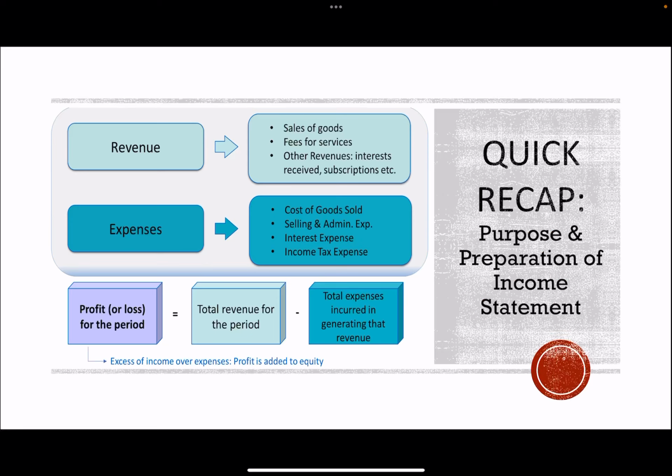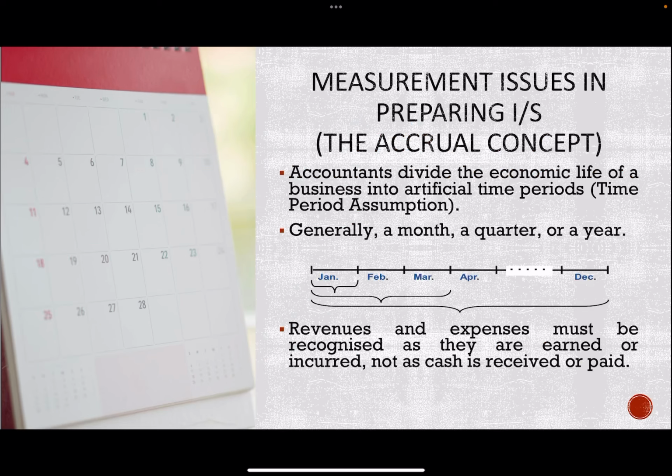When you prepare an income statement, you have some issues in the measurement. We call it measurement issues in preparing the income statement. One of them would be the accrual basis. So it's really simple. Accrual basis means that we recognize our revenues when the revenue is earned.